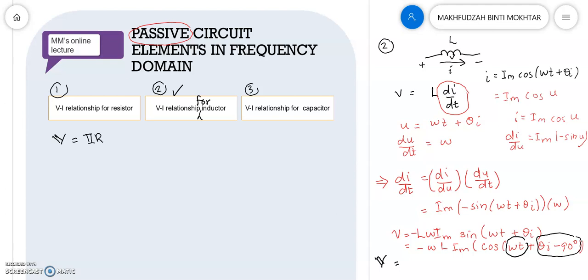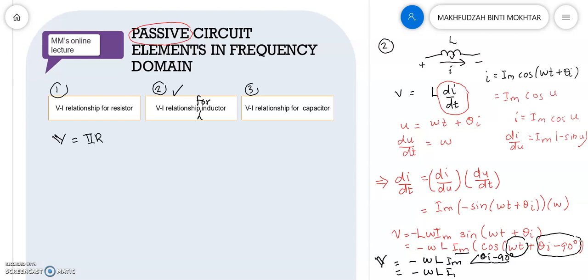Now it becomes negative omega L, and we also know about this Im, and what is the phase angle? It is theta I minus 90 degree. Now, when I want to solve this value, I can rewrite this in terms of exponent j phi. So I have negative omega L.